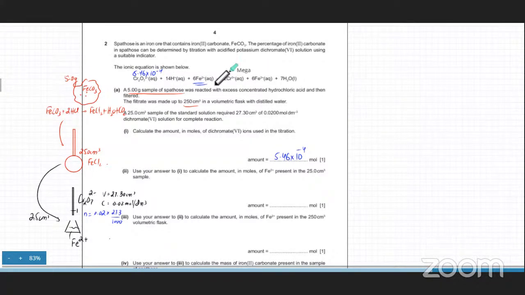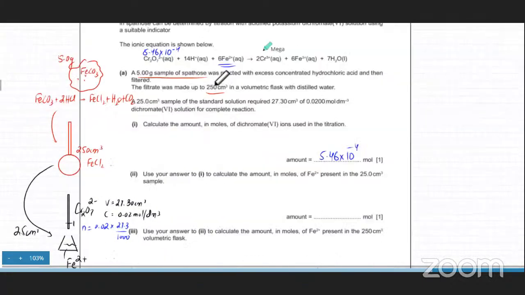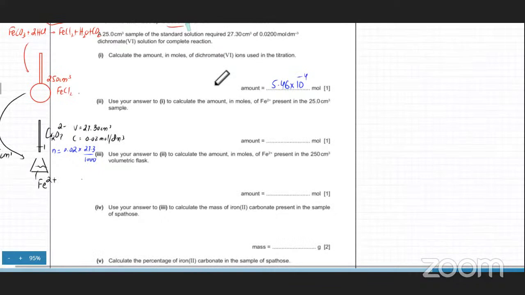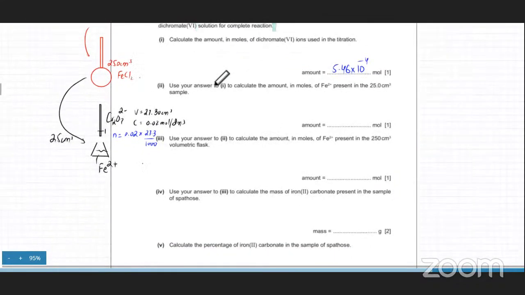So what's 5.46 into 10 to the power minus 4 multiplied by 6? 3.28 into 10 to the power minus 3 moles.